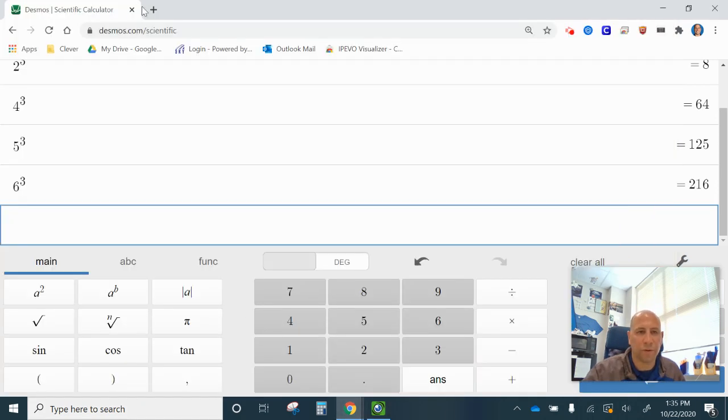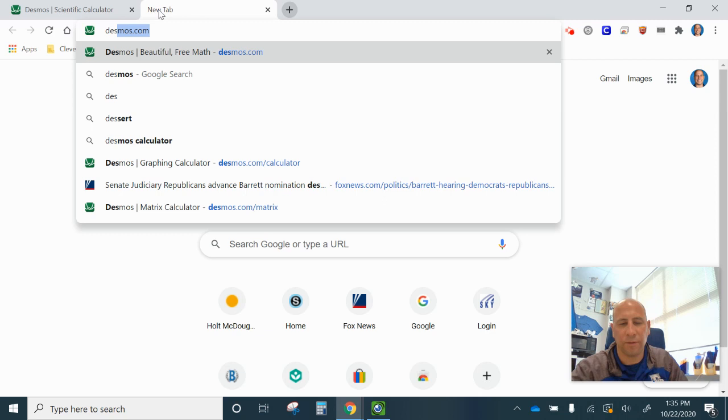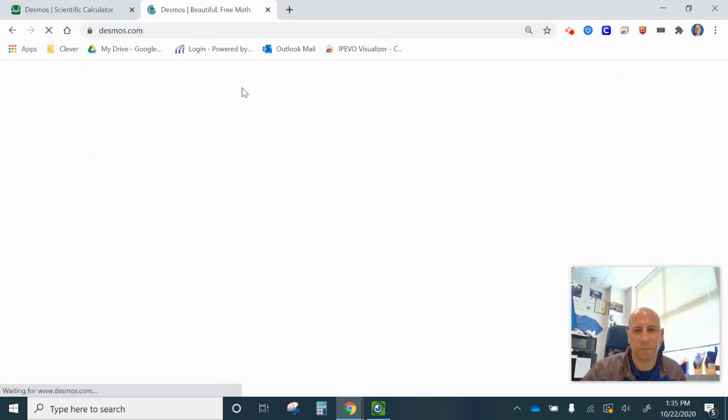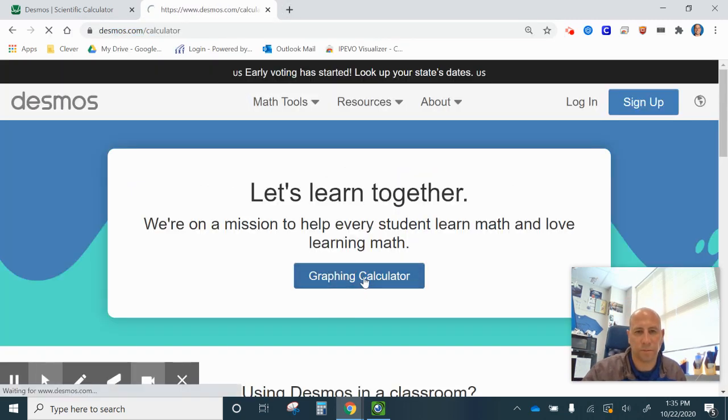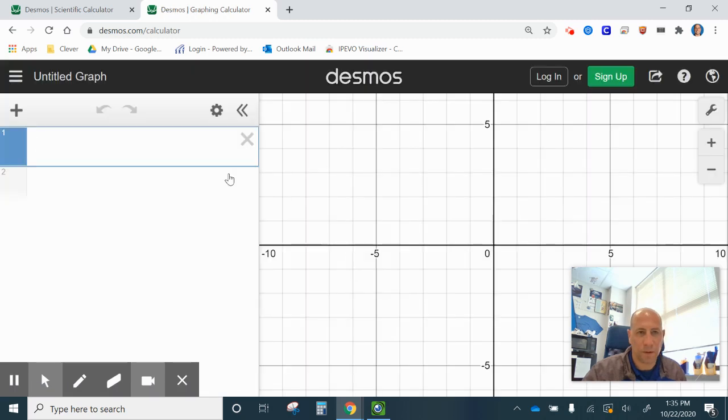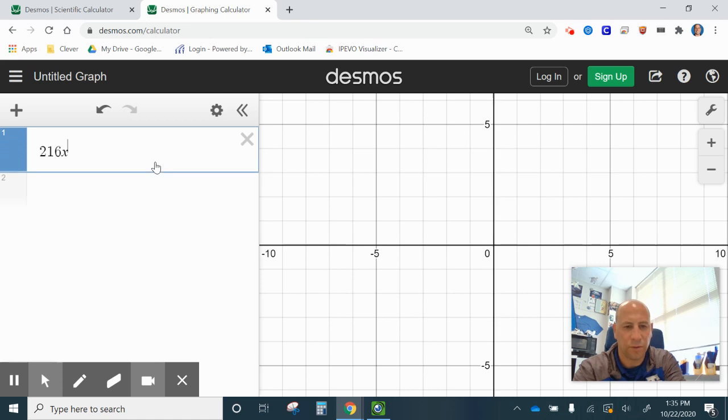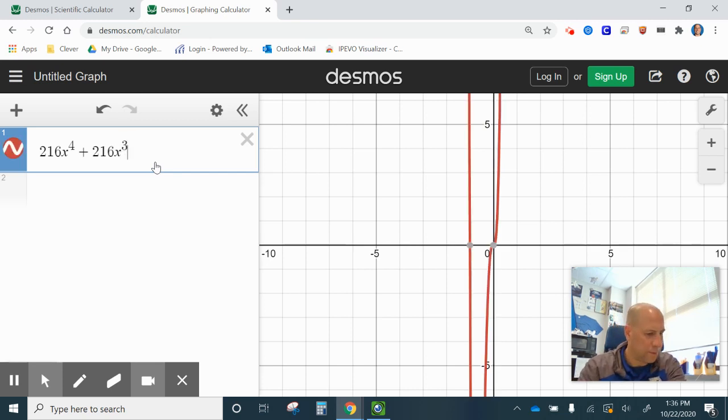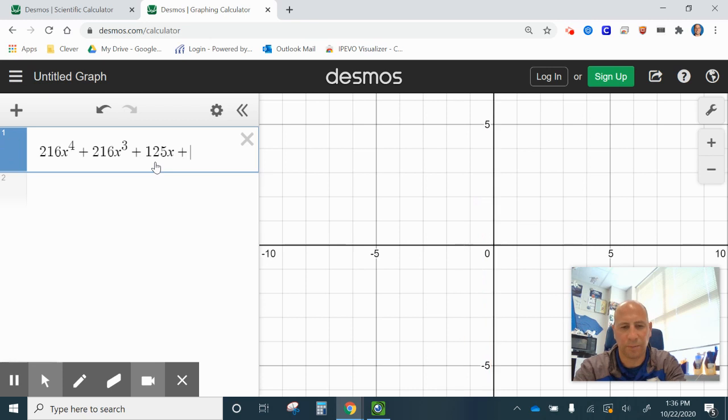So I'm going to go to Desmos. I'm going to open another tab so I have the graphing calculator. All right, so let's start by graphing 216x to the 4th plus 216x cubed plus 125x plus 125.